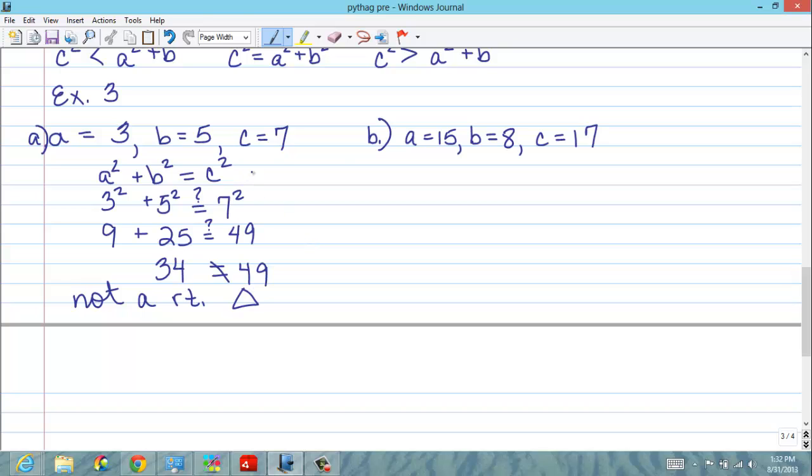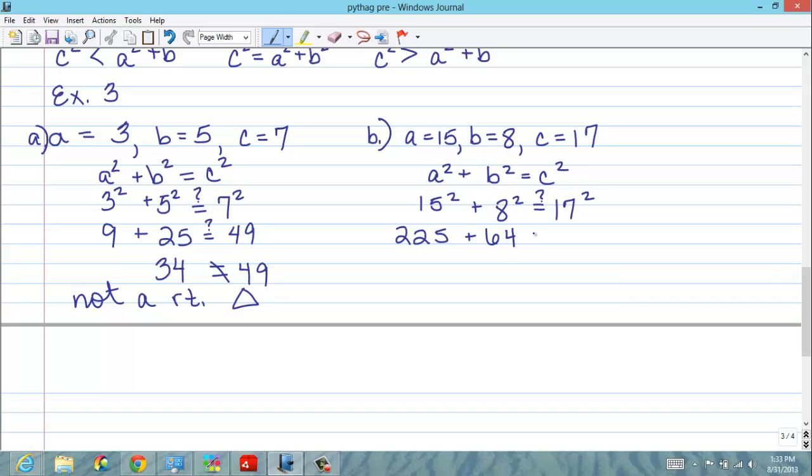Let's go and try it over here. So we start off with the Pythagorean theorem: a squared plus b squared equals c squared. We need to see if it will work. So I make my substitutions: 15 squared plus 8 squared. The question is, will it equal 17 squared? When I evaluate the powers, we get 225 for 15 squared plus 64.